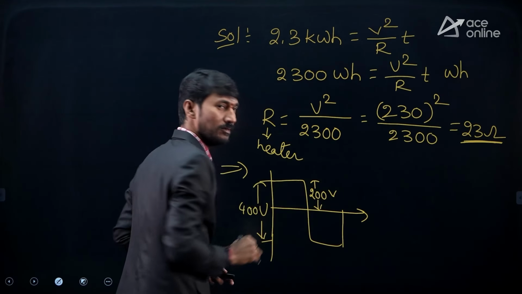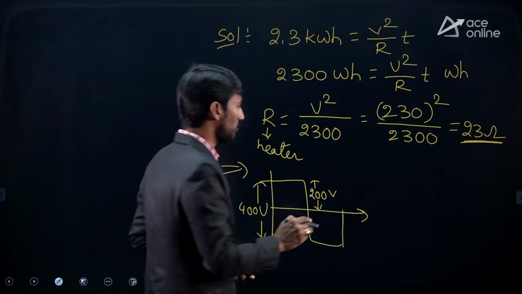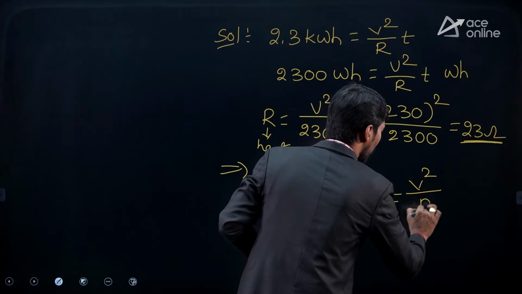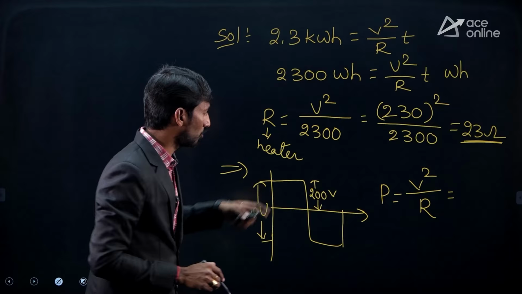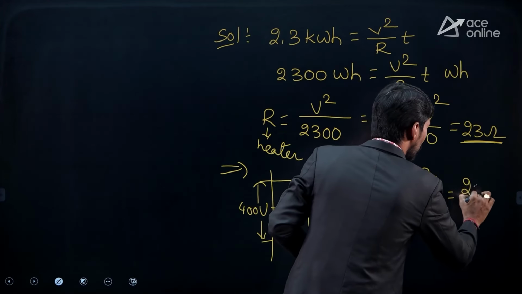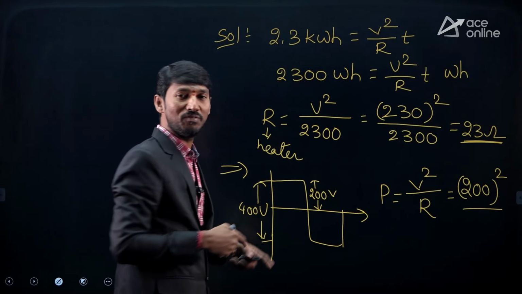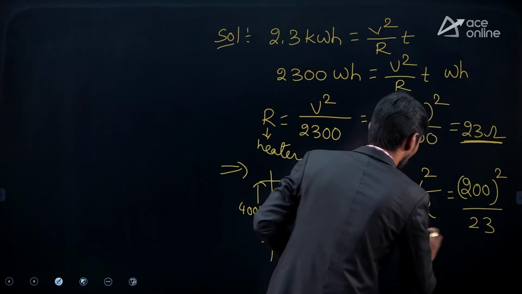Peak value is 200. Then what is the power dissipated? Very simple. Now power is equal to V square by R. What is the V value? Yes, peak value, that is 200 square by what is the resistance of heater from the first data we calculated? 23 ohm.